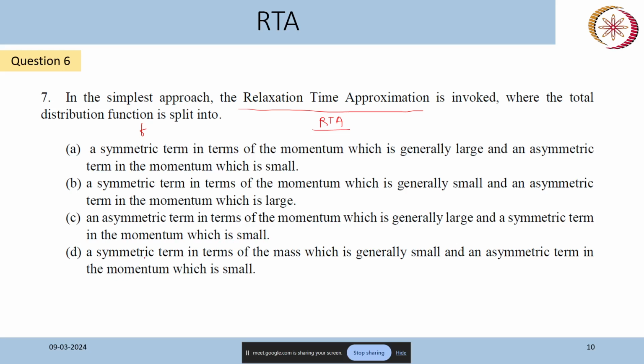Option D, a symmetric term in terms of mass, which is generally small, and an asymmetric term in the momentum, which is small. So which is true for the distribution function f?